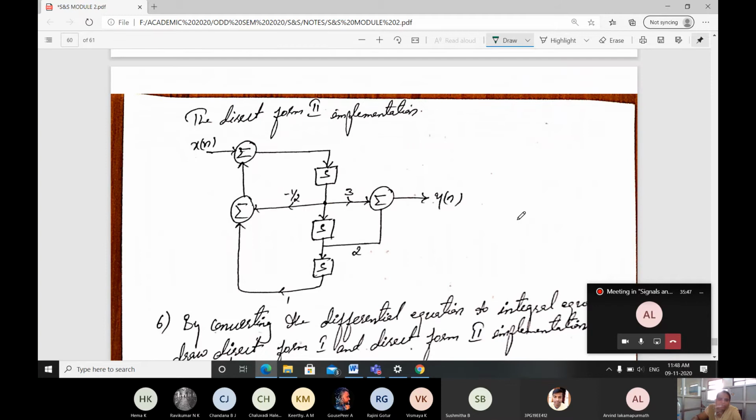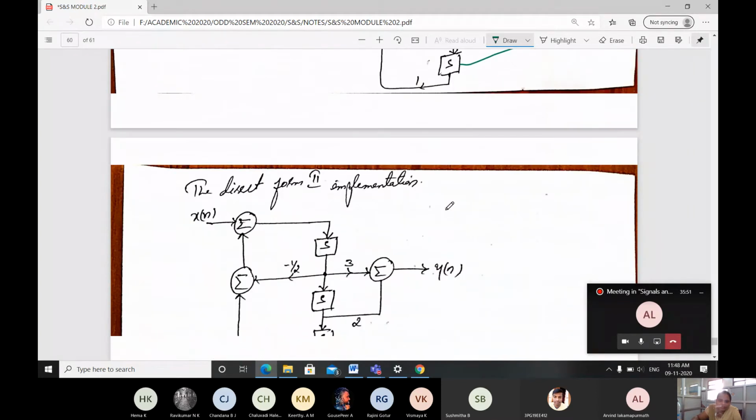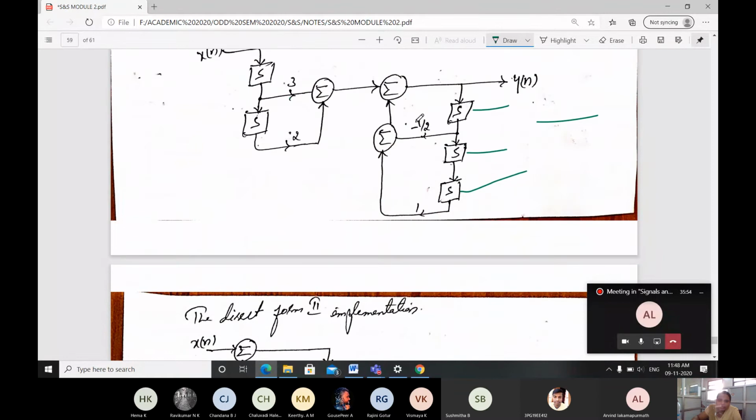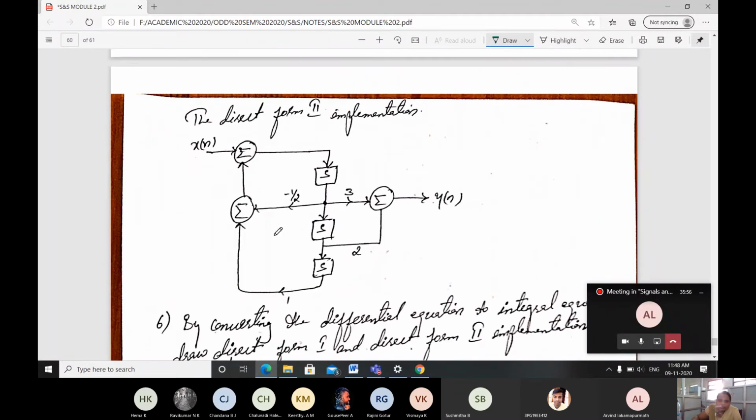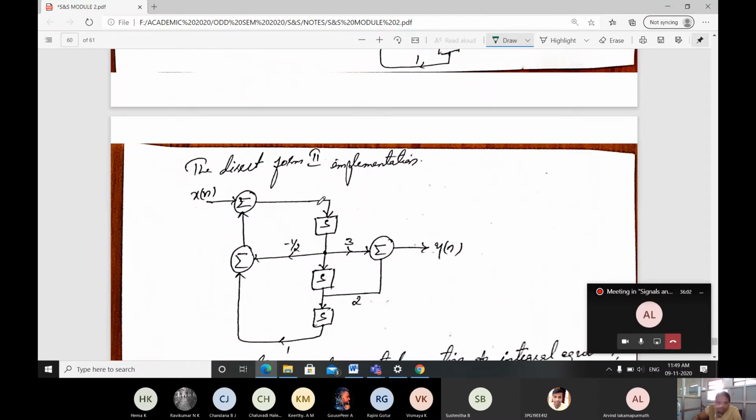Direct form 2 is what? Simple. Just combining these two. Direct form 2 means just minus 1 by 2, 1, right? 3 shift registers. Then x of n has to be shifted by 1, right? Shifted by 1, then 3, 2. One more summation, you will get your output as y of n.